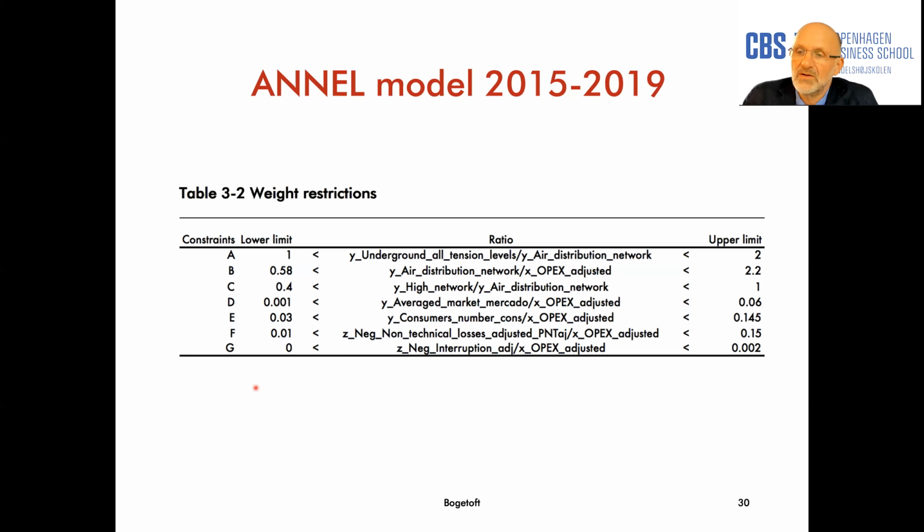They say, for example, here that underground lines can be at the most twice as expensive as the overhead lines, and at least as expensive as the overhead lines are. So that's the Brazilian model.